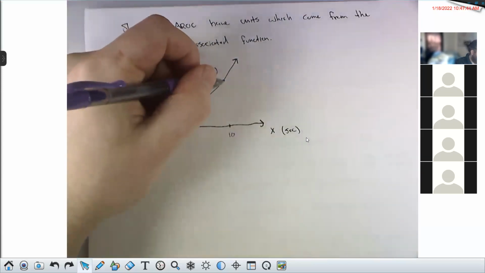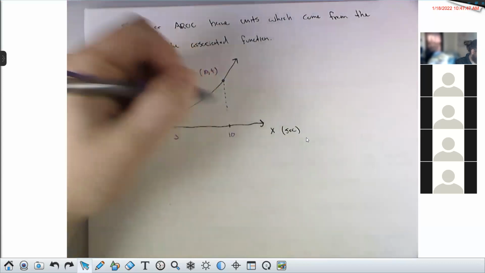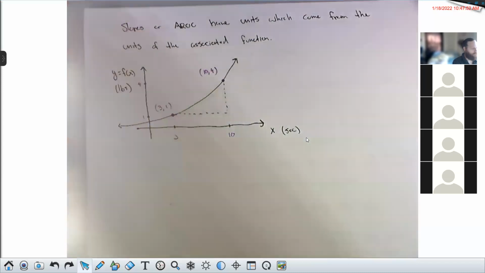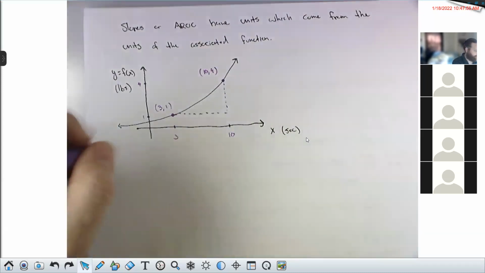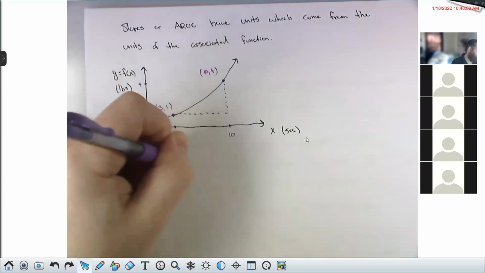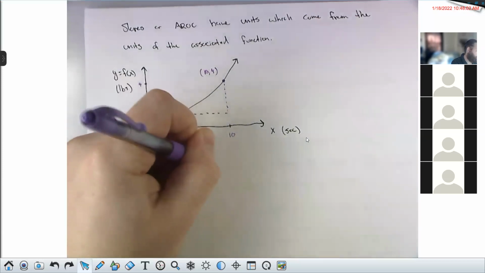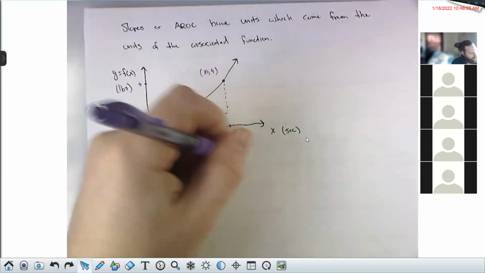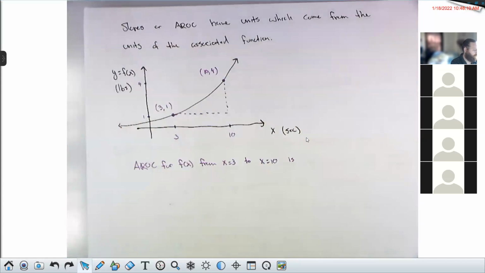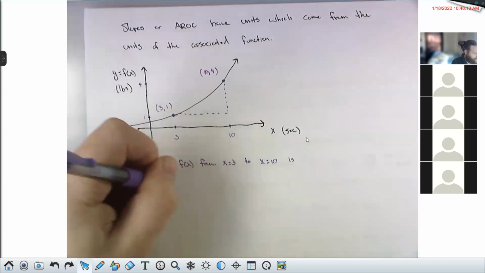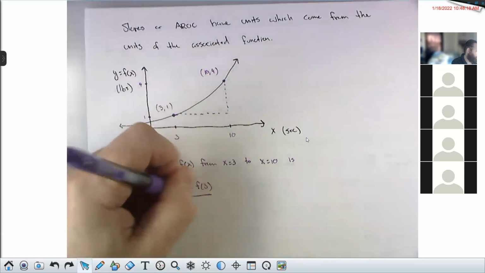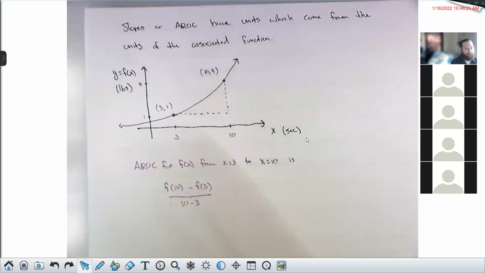If I want to find the slope or the average rate of change for this function, we can do that. The average rate of change for the function f of x from x equals 3 to x equals 10 is, again, just following our formula, f of 10 minus f of 3 divided by 10 minus 3.